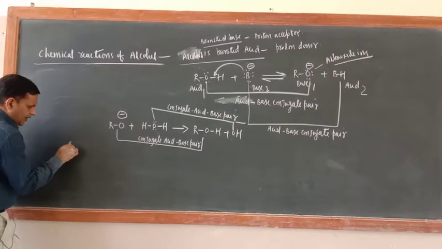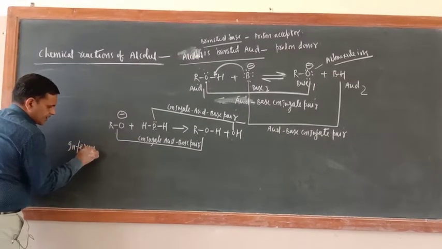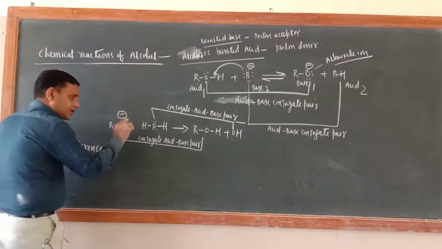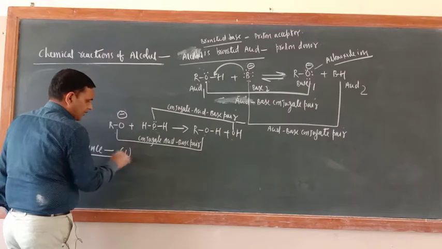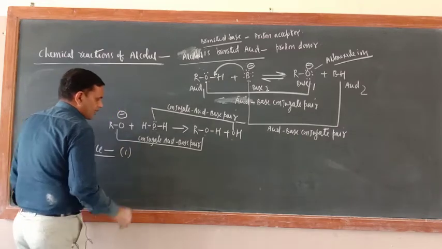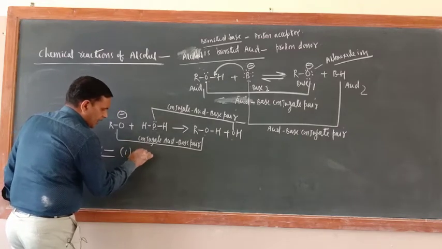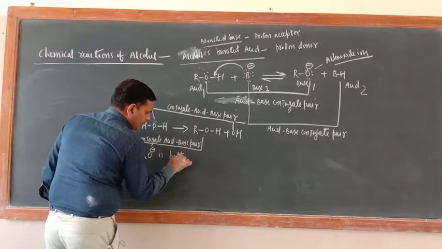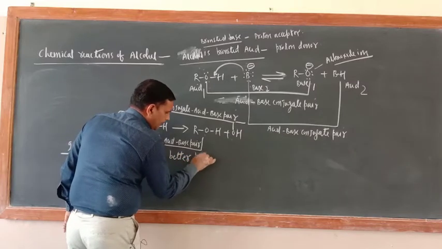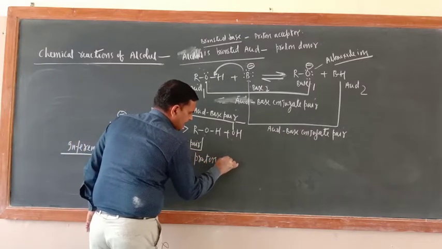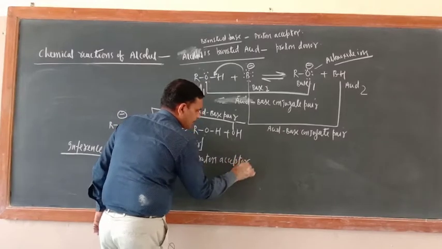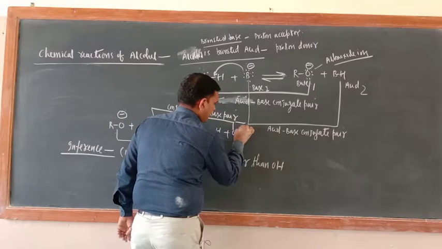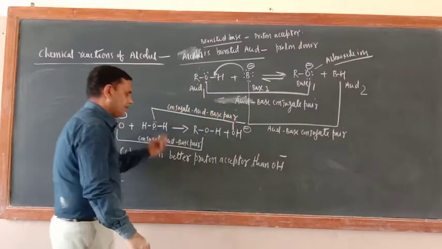Conclusion or inference means conclusion only. Now this reaction shows number one thing: alkoxide RO negative is a better proton acceptor than OH negative. That is the first inference.